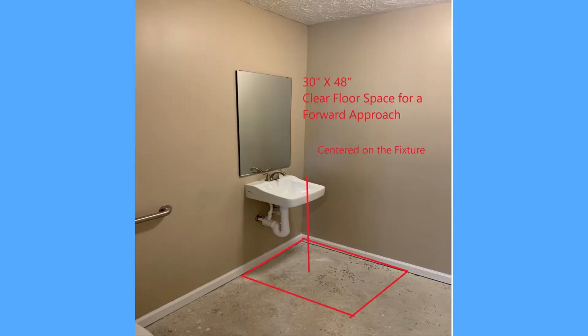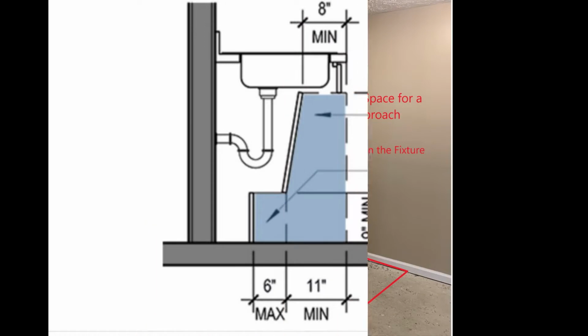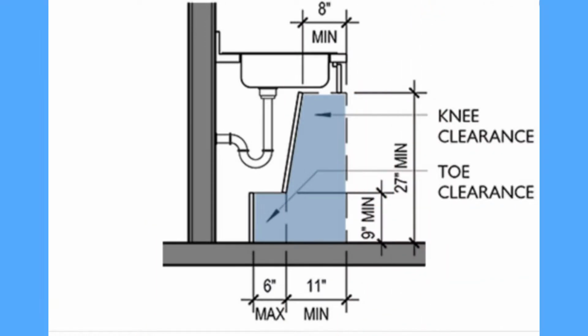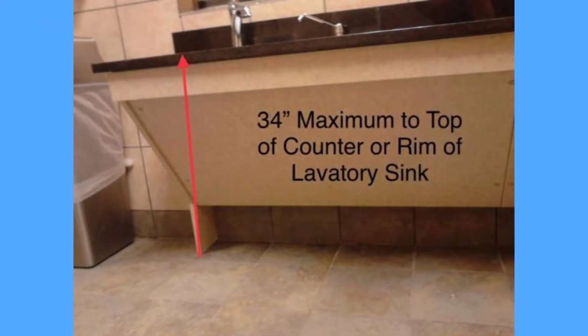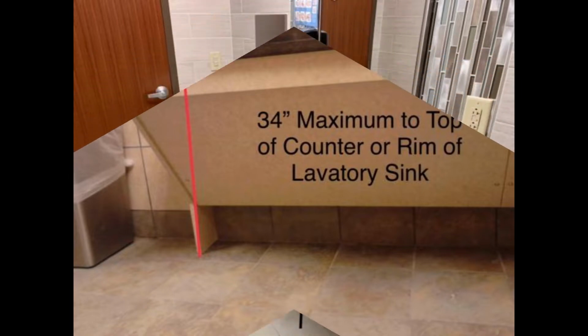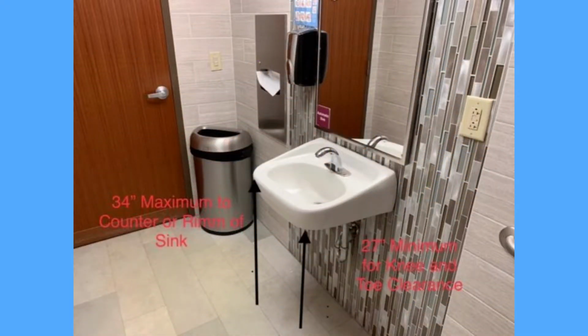Lavatories and sinks in toilet rooms must provide clear floor space of 30 inches wide, 48 inches deep for a forward approach. Knee and toe clearance must also be provided. Lavatories and sinks shall be installed with the front of the higher of either the rim or the counter surface at 34 inches maximum above finished floor.